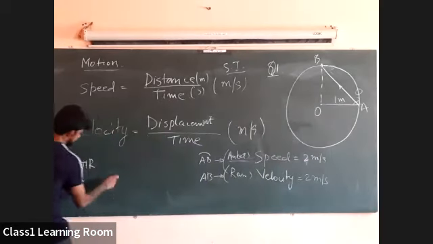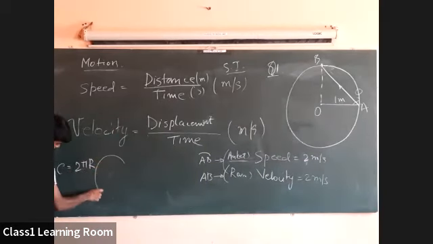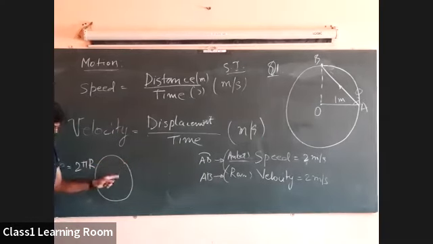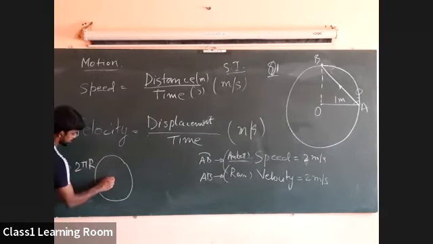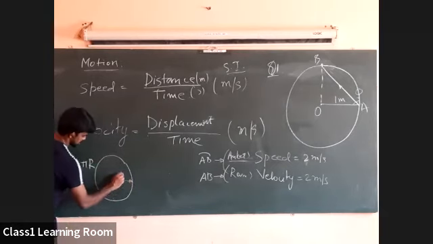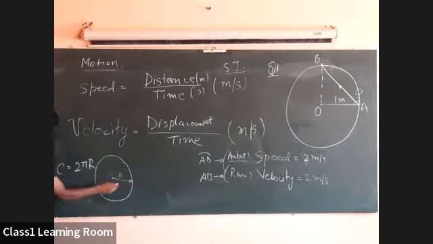So that is the circumference. That means if you start traveling from here and reach again the same point, this length that you traveled, that is your 2 pi r, r being the radius of this circle.